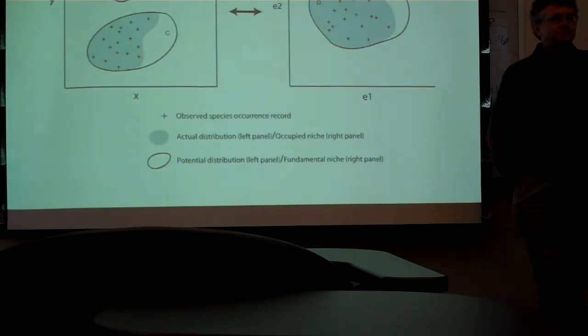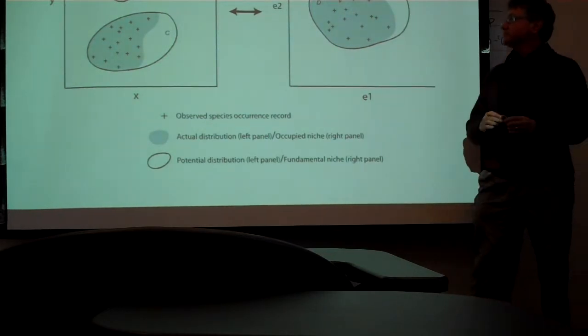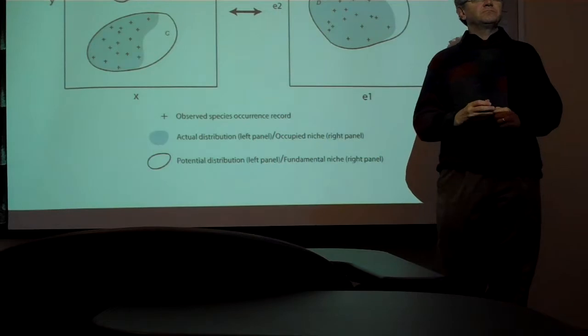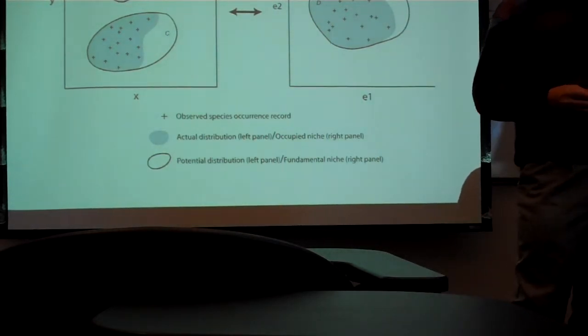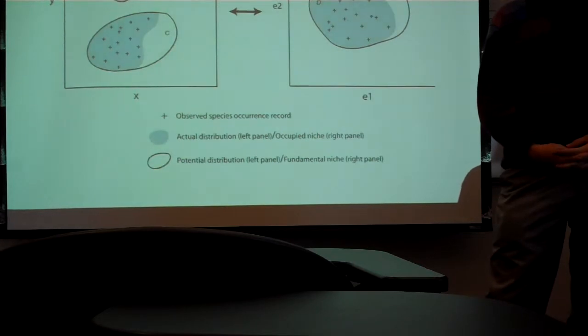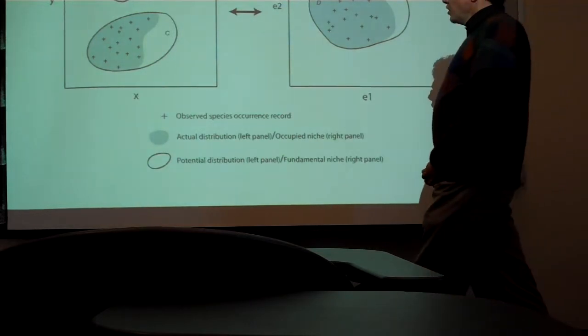So wouldn't that area be large if you were thinking temperature is the only thing that matters, but as you add more factors, you understand it's not just temperature, it's also these three other factors, and your potential distribution is going to shrink as you get a better understanding of what factors are important to them?